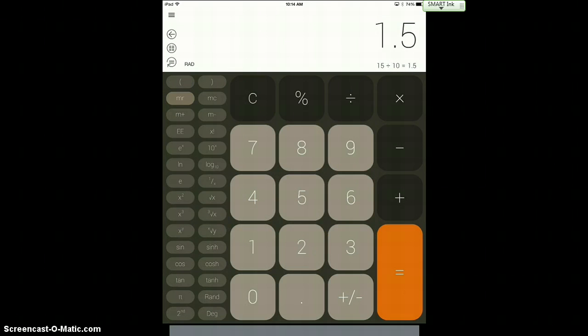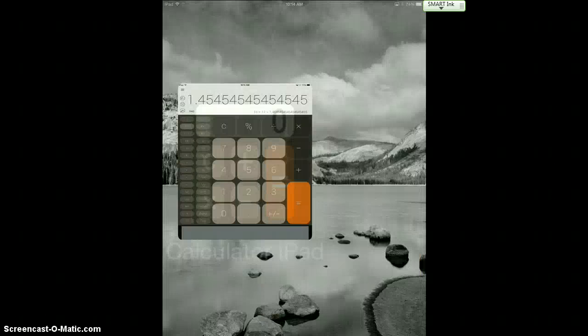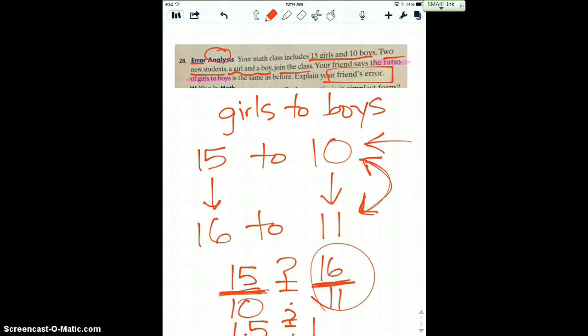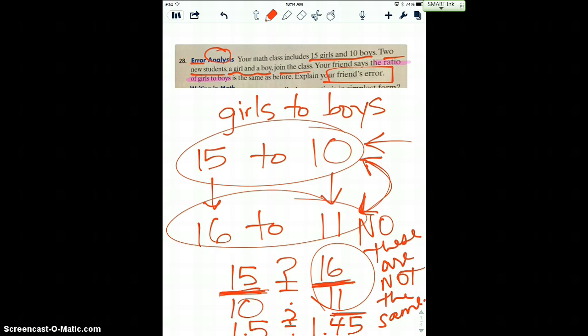Again, divide it out. 16 divided by 11 is 1.45 with the 4 and the 5 repeating. So those are not the same. No, these ratios are not the same, because when we divided, they weren't the same number. So the ratio of boys to girls is not the same.